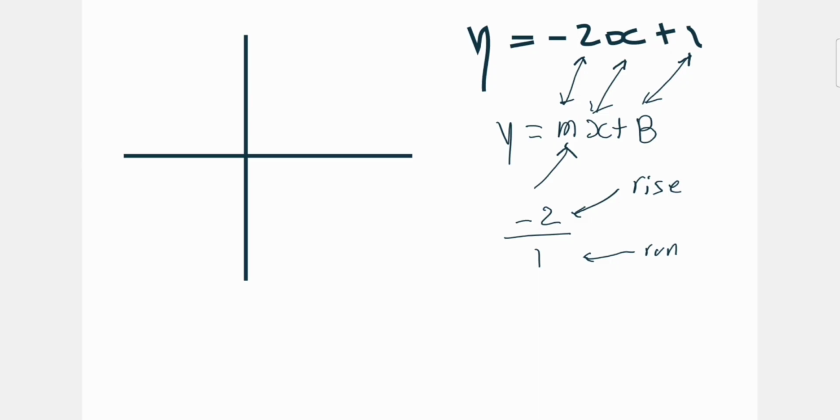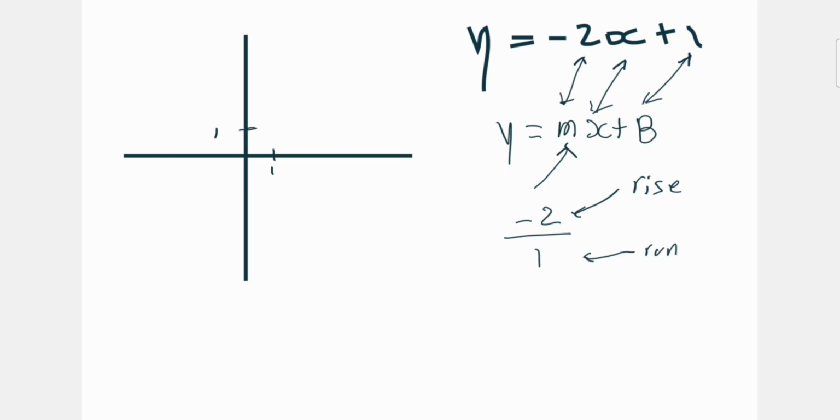So it's going to go down by 2 from 1, and every time it goes up by 1 on the x-axis. So it's going to look something like this. So here's 1, and then here's 1 on the x-axis.